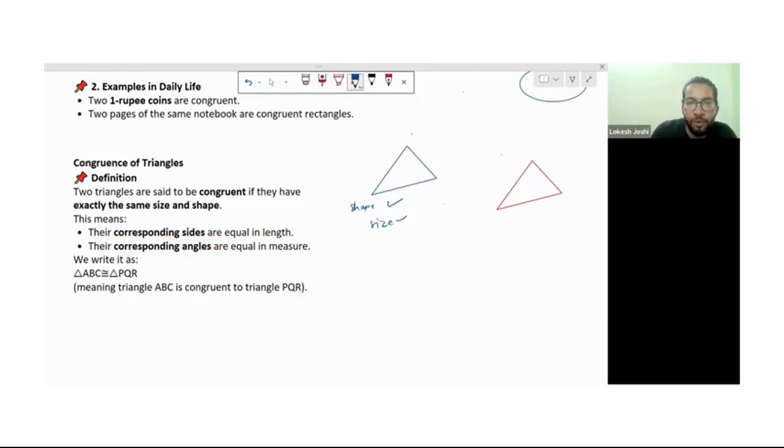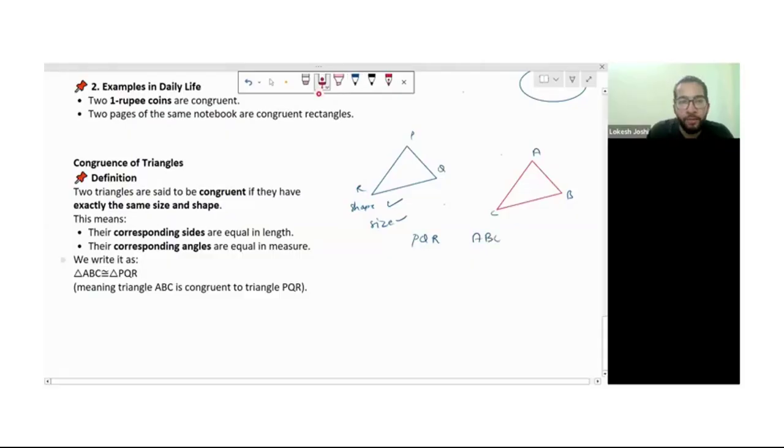Suppose this triangle is PQR and this one is ABC. So we can say triangle PQR is congruent to triangle ABC, and for congruency we have this symbol: first an equal to sign with a tilde on top. So it means triangle PQR is congruent to triangle ABC.